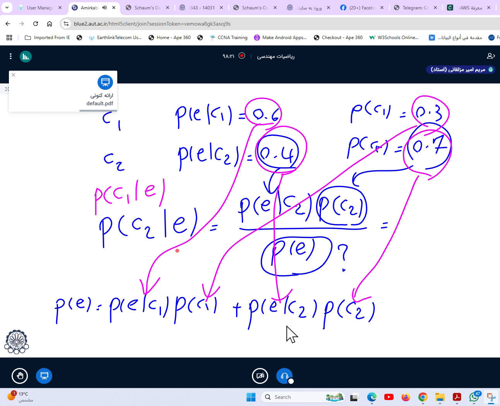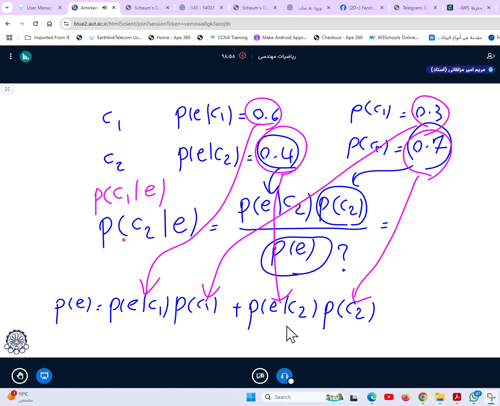In this example, we want to be more familiar with the applications of Bayes' theorem. We have two classes, class 1 and class 2. We are faced with a classifier that should distinguish between these classes, classifying the examples into class 1 and class 2. We have the probability of error given class 1 and the probability of error given class 2. Also, we have the probability of class 1 and class 2.